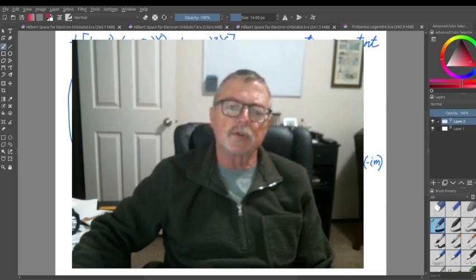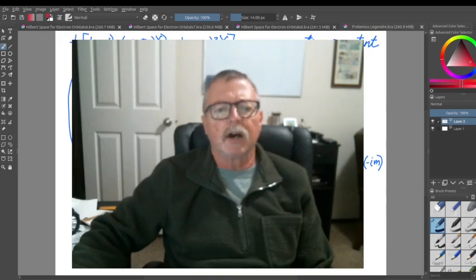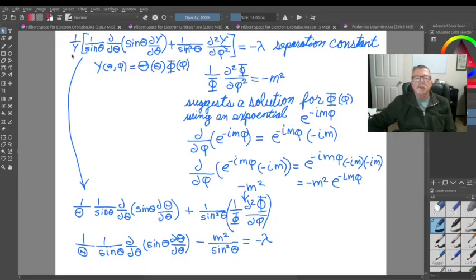This is usually not derived, but I want to do it. Let's start with this equation, which is the angular part of the Schrodinger equation as we derived it, and this Y represents the theta and the phi. And the phi part is what I want to concentrate on right now, this one right here.